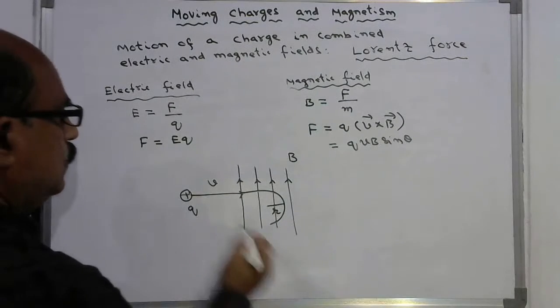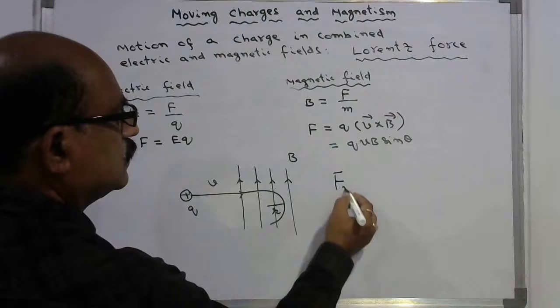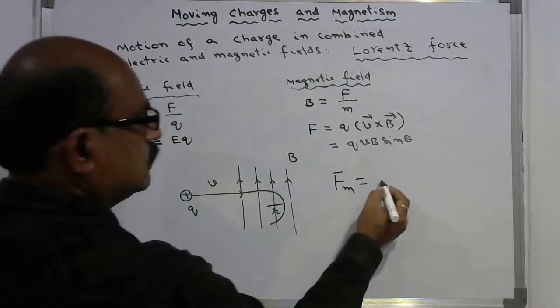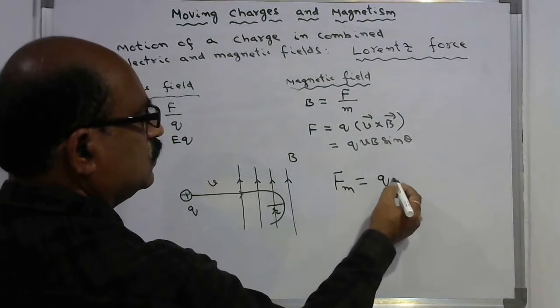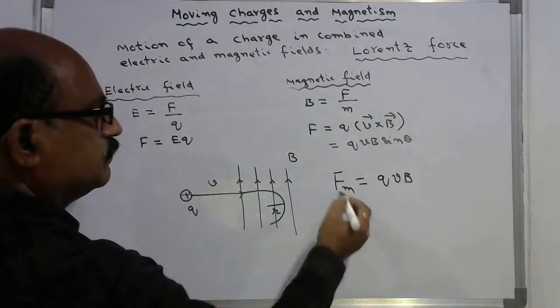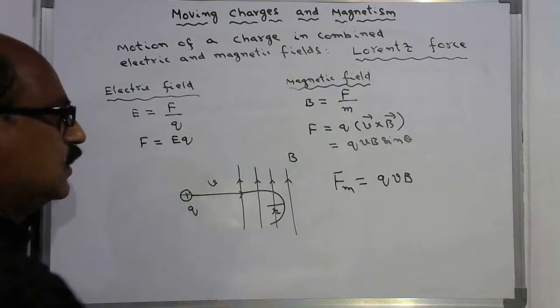So what is the force due to magnetic field alone? It is equal to QVB, since theta is 90. That is the force due to magnetic field alone.